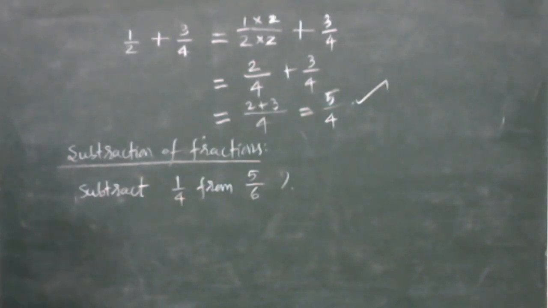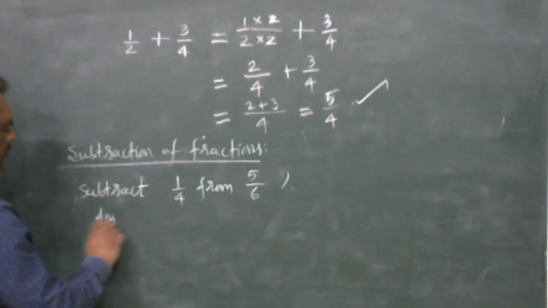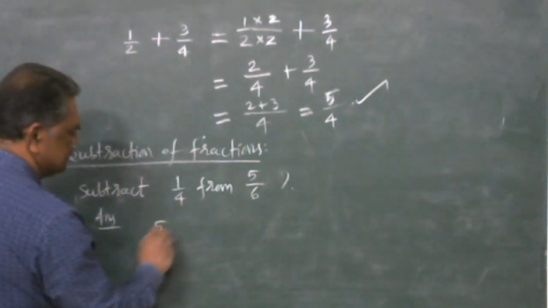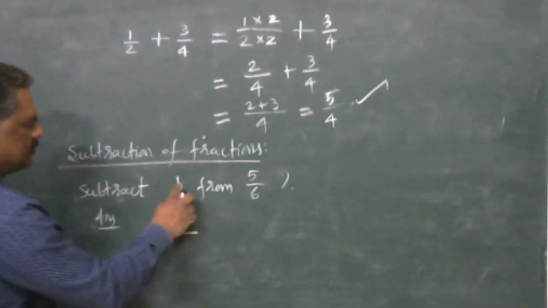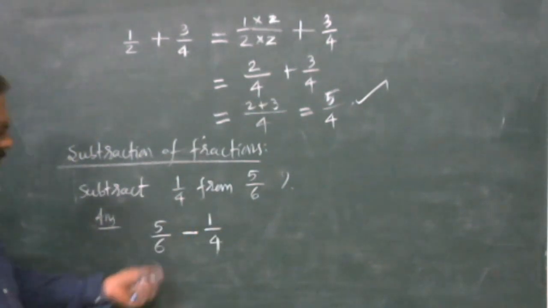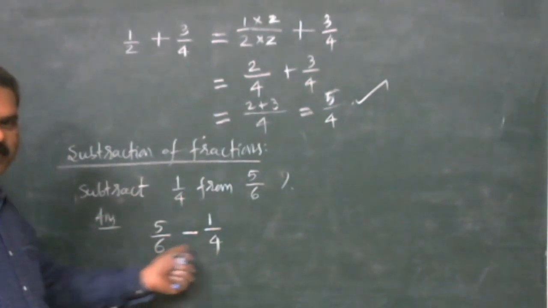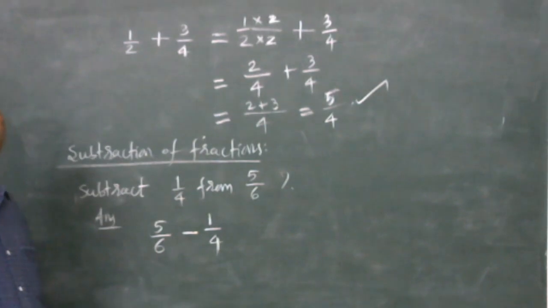How do you do it? From the first, you need to write 5 by 6. Then subtract, the symbol is minus, 1 by 4. Okay. Now it's a little difficult, we have to make the same denominator.